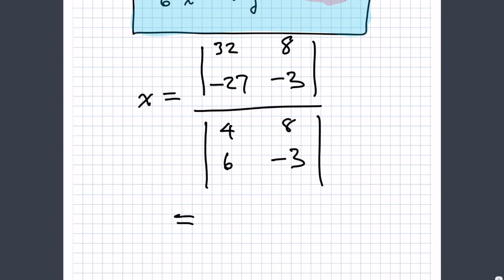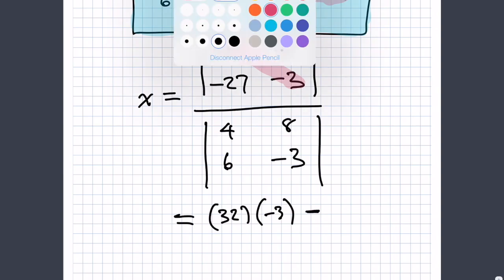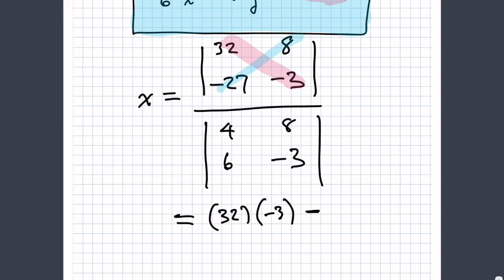So the determinant is the product of these two numbers, 32 times minus 3, minus the product of these two numbers, negative 27 times 8.